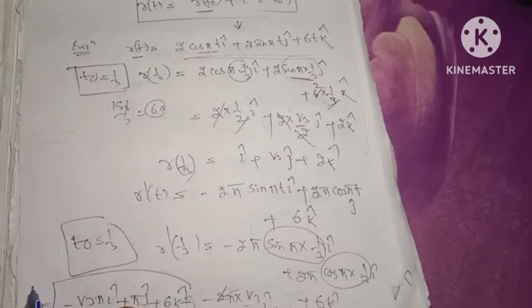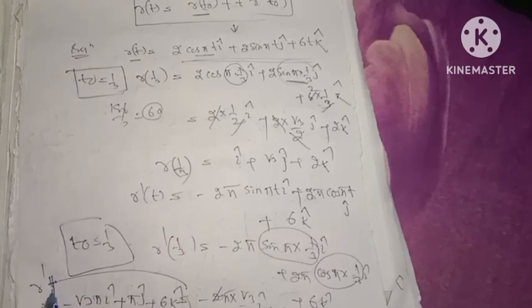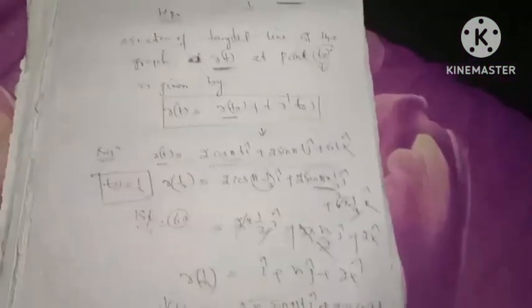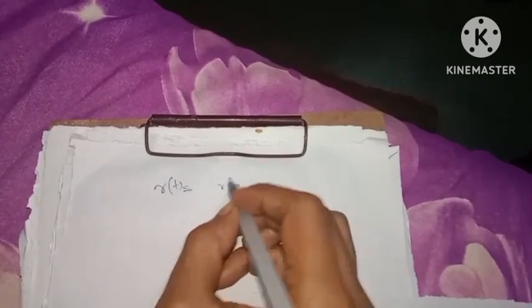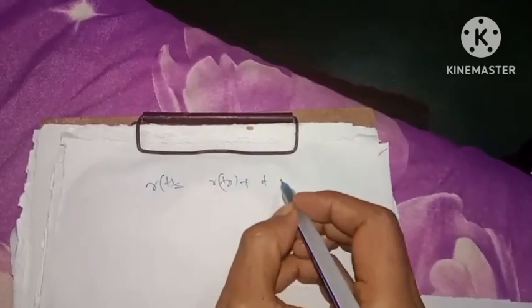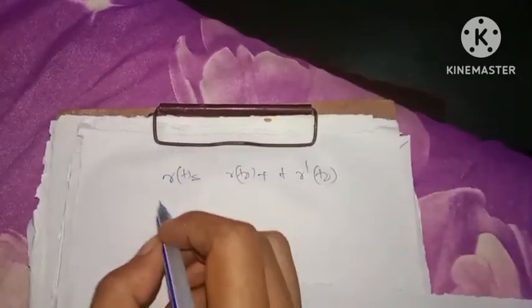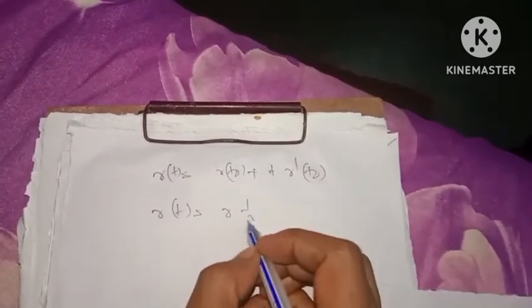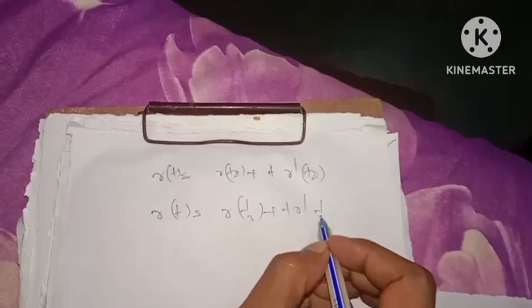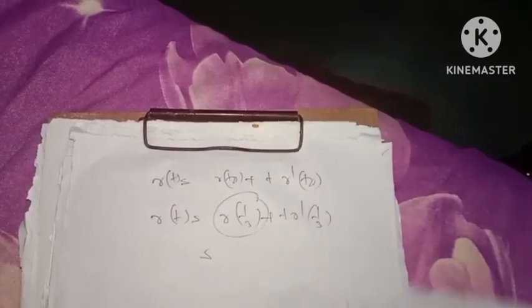This is the r dash t naught, means 1 by 3. So what is the formula? Formula is r of t equal to r of t naught plus t r dash t naught. So r of t equals r of 1 by 3 plus t into r dash 1 by 3. What is the value of r of 1 by 3?